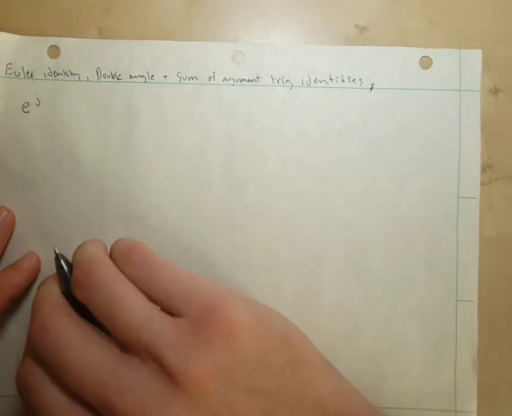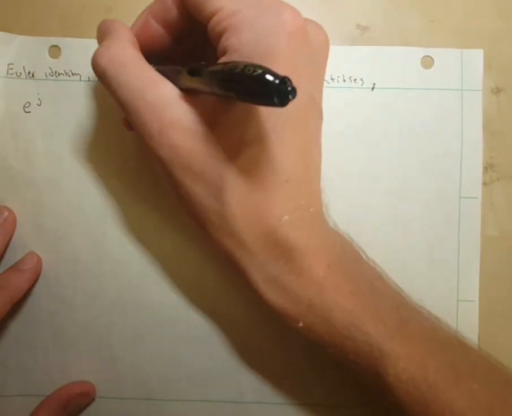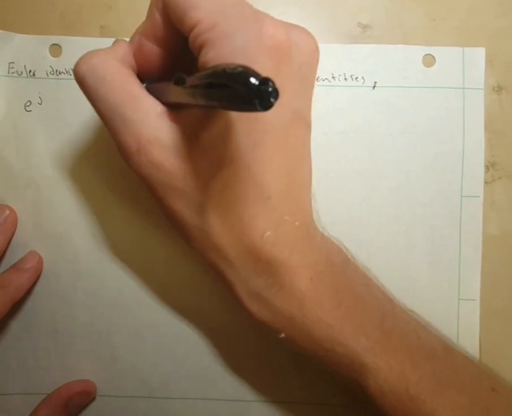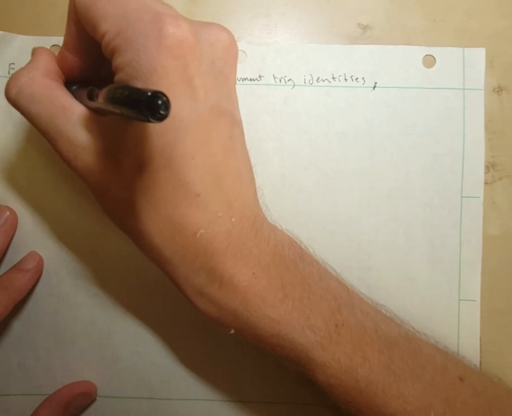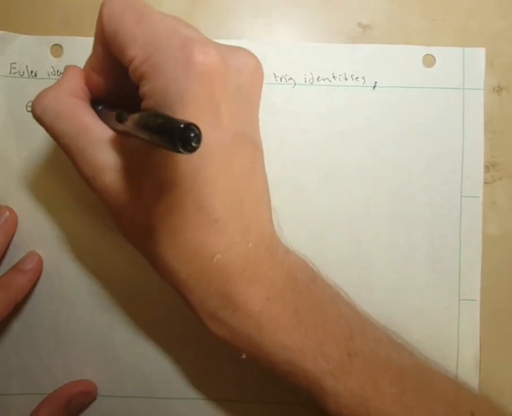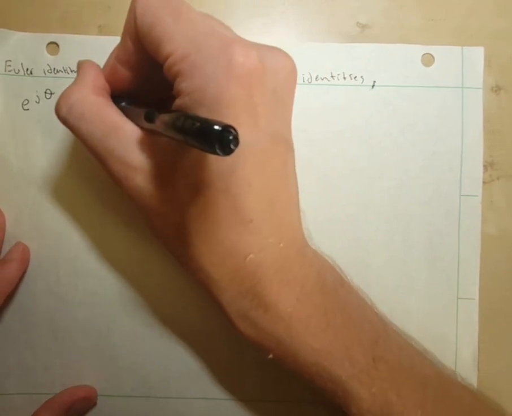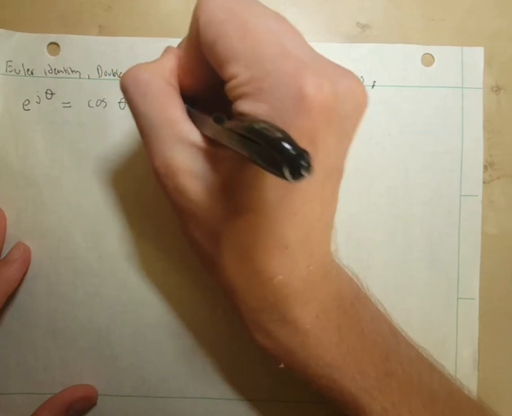We won't be covering the math behind those here, but it just so happens that the exponential function has a very interesting relationship with cosine and sine, where if we take e raised to the power of this imaginary number j theta, we have an equivalency, or we equal the following quantity: cosine theta plus j sine theta.